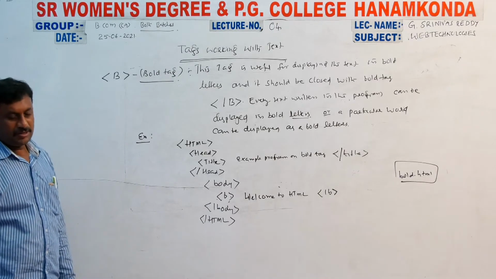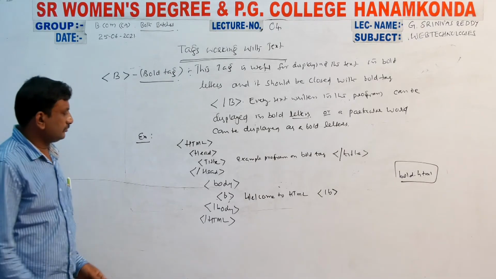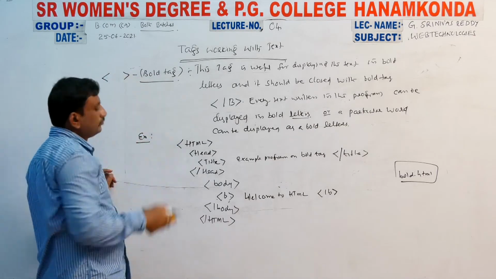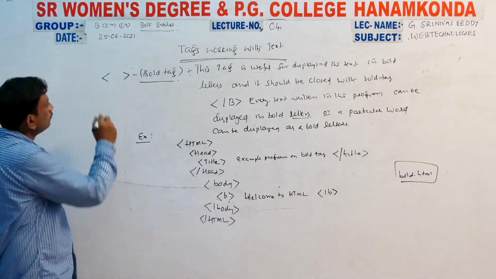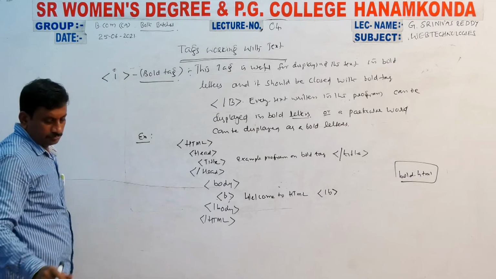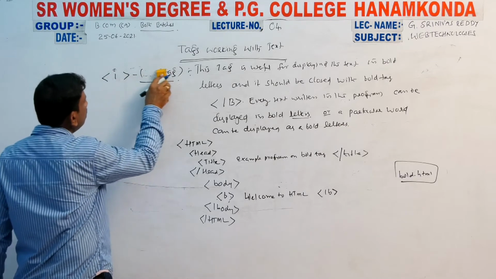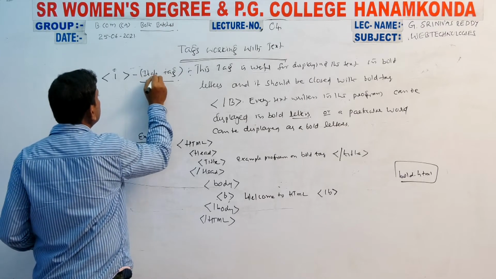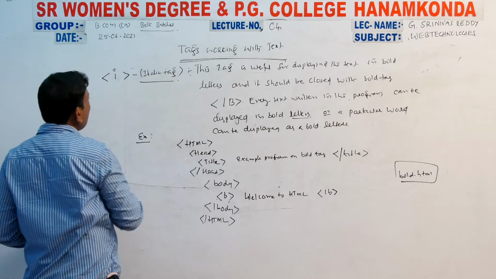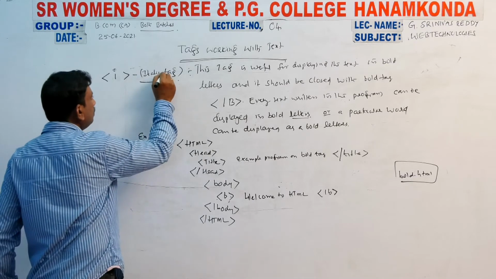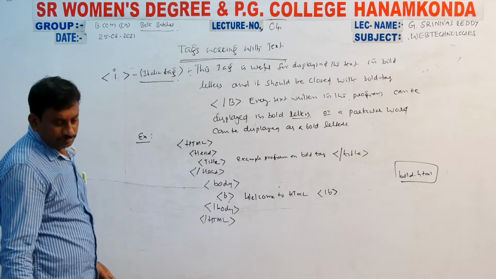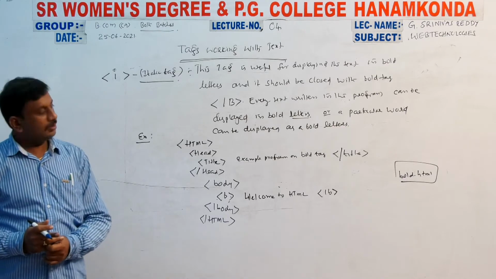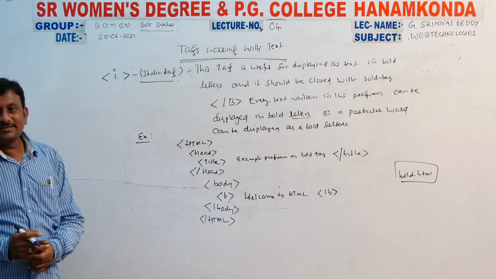Next, one more tag is I, the italic tag. What do you mean by I?